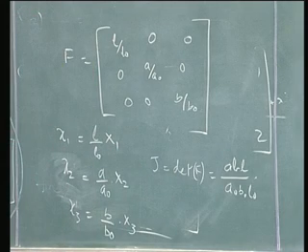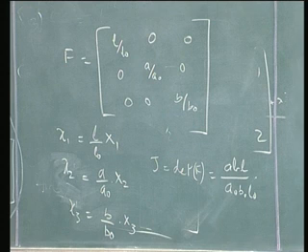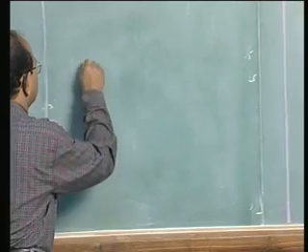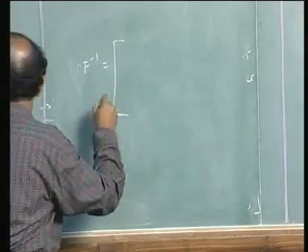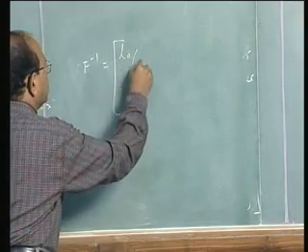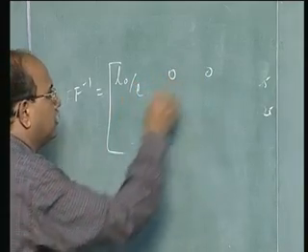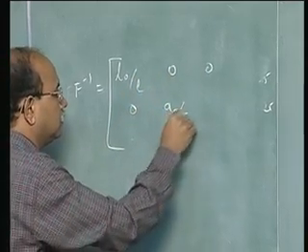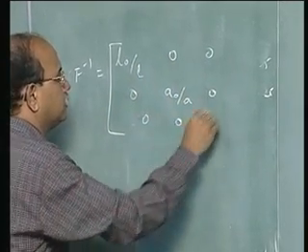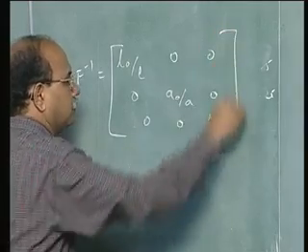That is the determinant J. Now we have to calculate F inverse. It is a diagonal matrix. So F inverse has L0 by L, and so on, with zeros elsewhere. Very good.